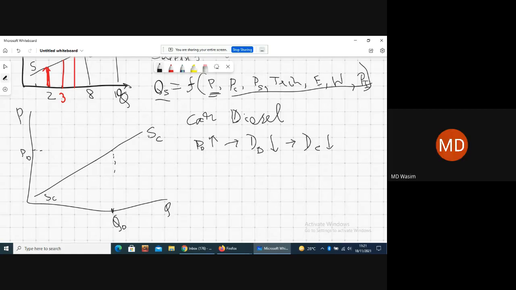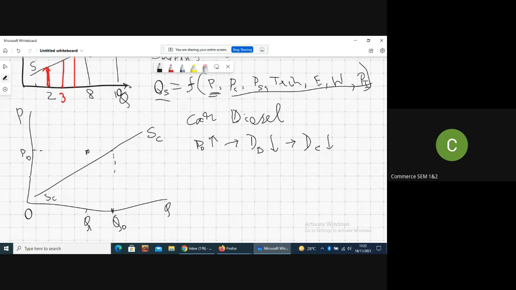So if initially the supply of cars is this much, this distance, OQ0 amount, now for a price hike in diesel, the new supply of cars will be somewhere here for this price. So this is the Q1 amount.